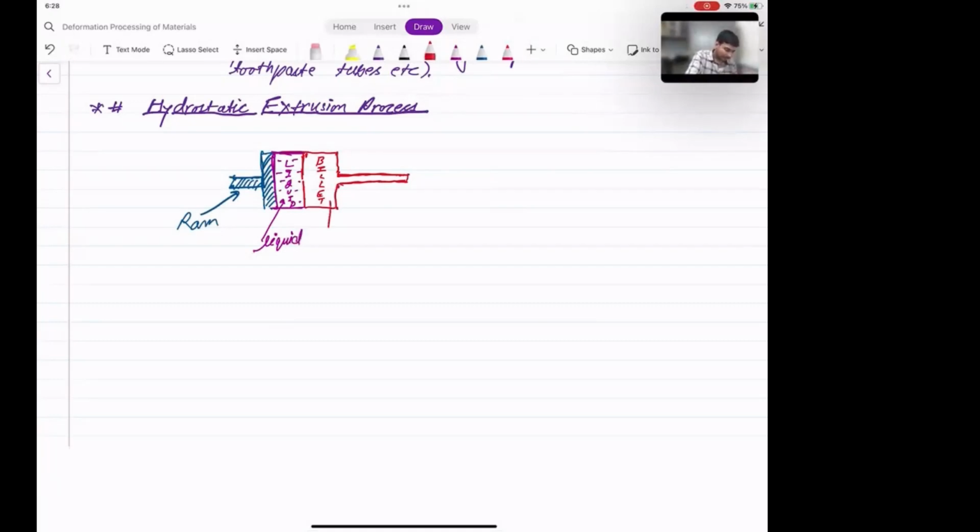This is the billet. This is the extrusion. So this is how this appears.